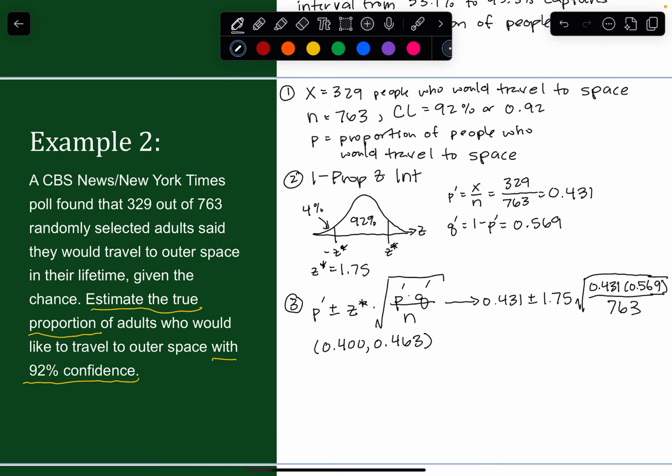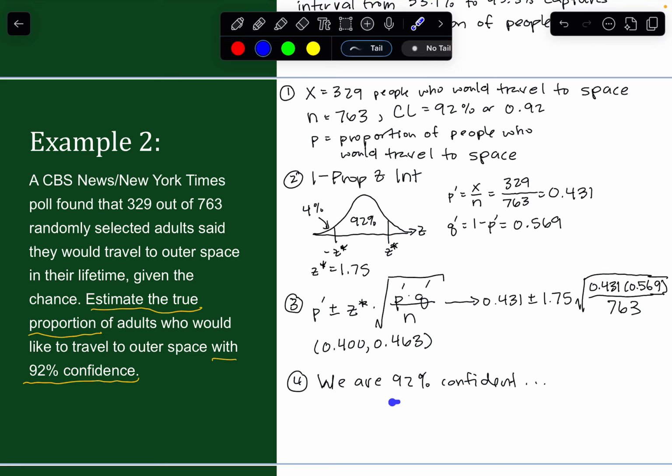So for step 4, which I'm going to leave off here because I want to get this video done quickly, we would write our conclusion. We know how that starts. We are 92% confident that the interval from 40% to 46.3% captures the true proportion of adults who would like to travel to outer space.